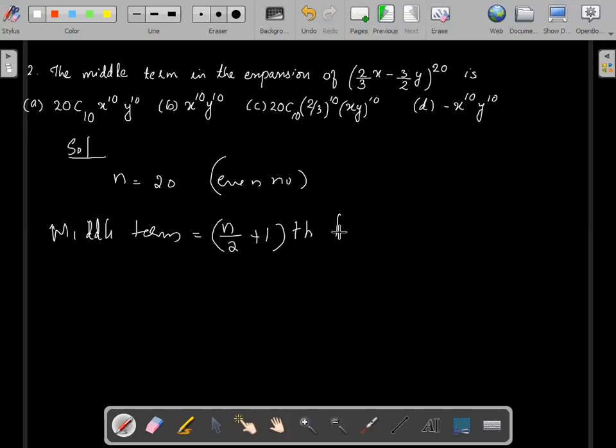This will be the middle term. So that means (20 by 2 plus 1)th term, that means 11th term. 11th term ആയിരിക്കും മിഡിൽ ടേം ആയിട്ട് വരിക.